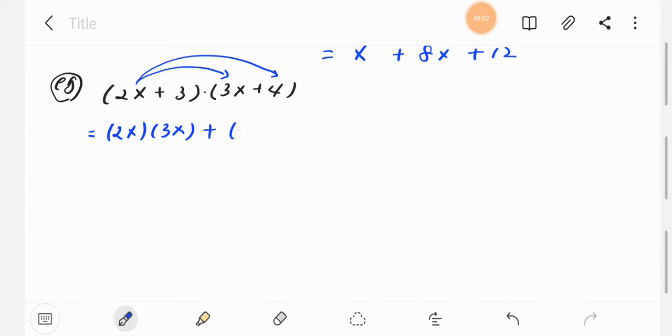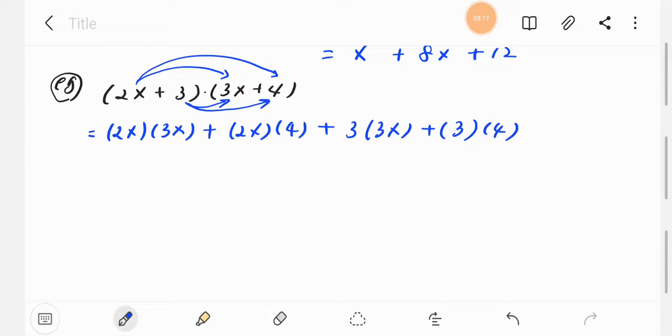So plus 2x times 4, plus the inner terms, plus the last terms. Can you see how we multiply this? So we are multiplying each term in the second binomial by each term from the first binomial.